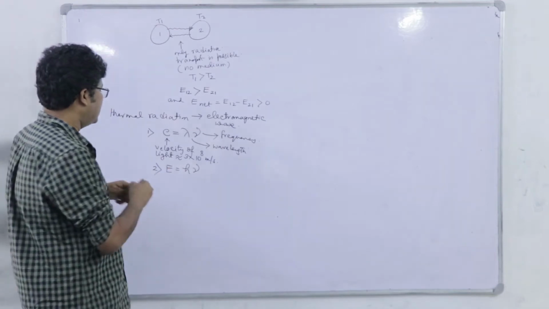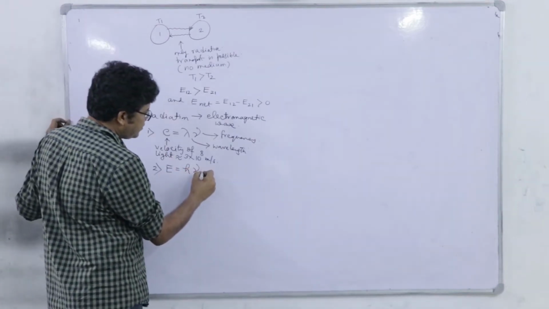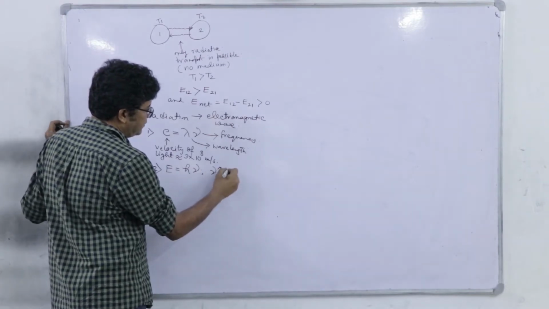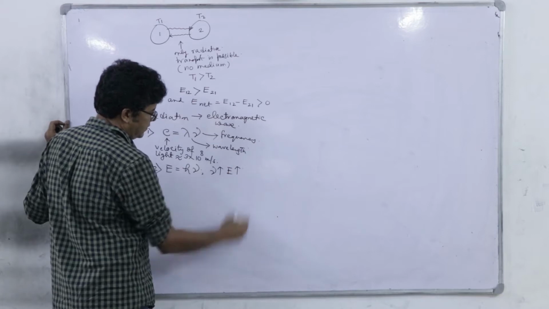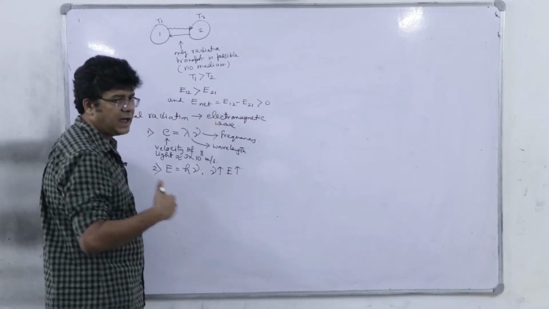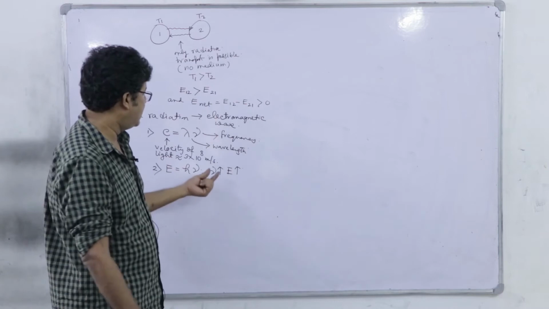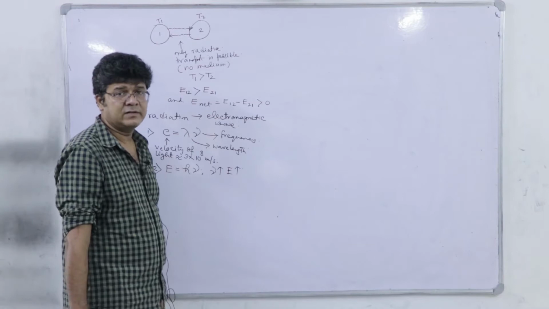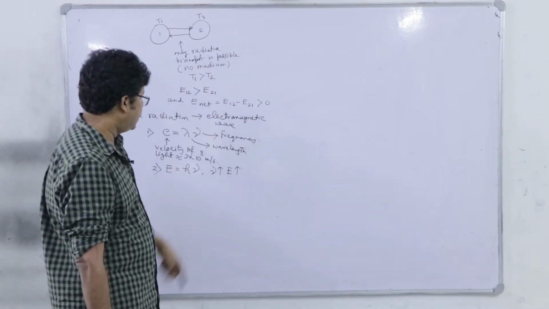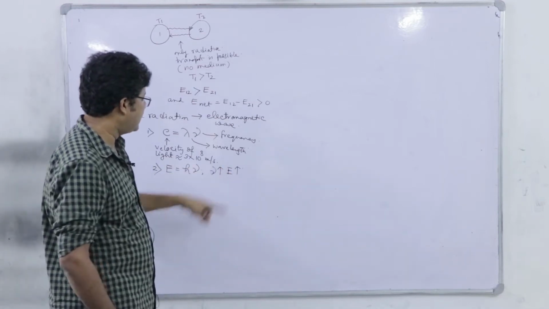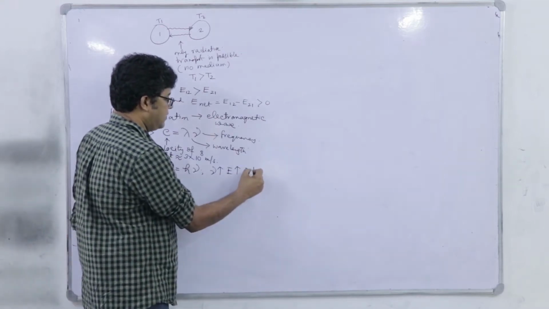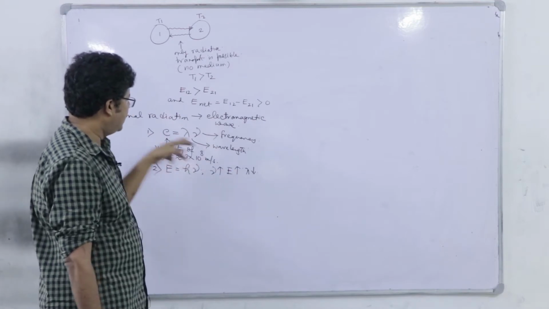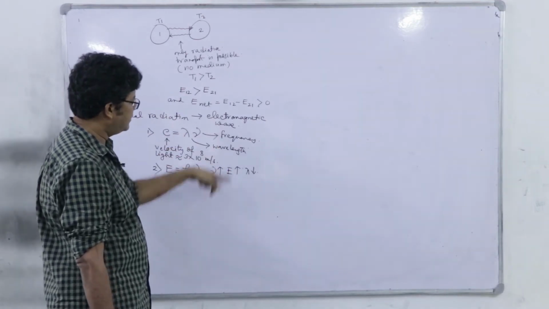The point here we want to emphasize is that as nu increases, E increases. So we have higher penetrative power of this radiation at high frequency. Definitely the wavelength decreases.